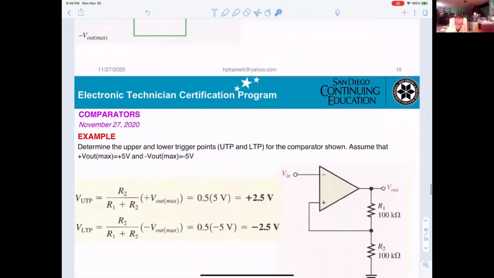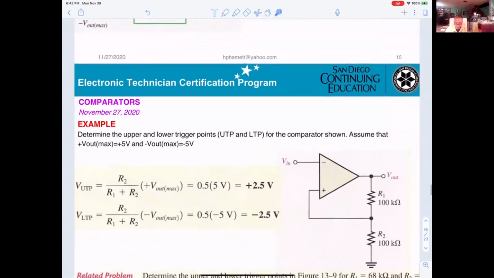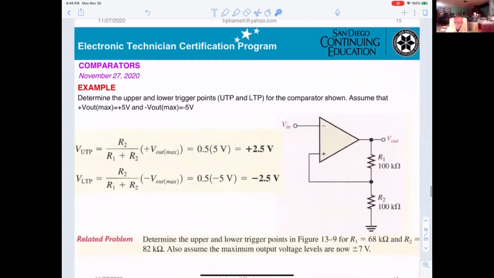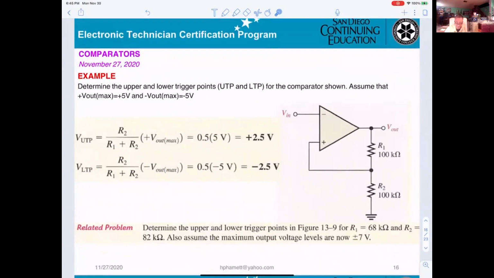This is just an example I give to you. How do you calculate the upper trigger point? How do you calculate the lower trigger point? That's the only thing they want you to know.